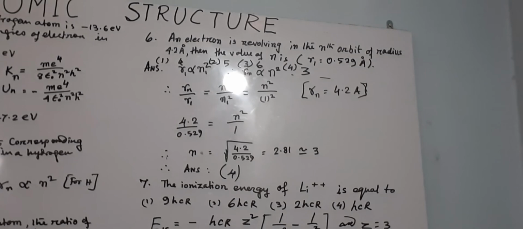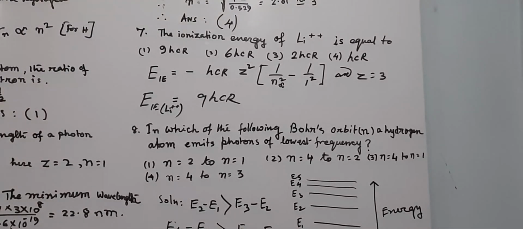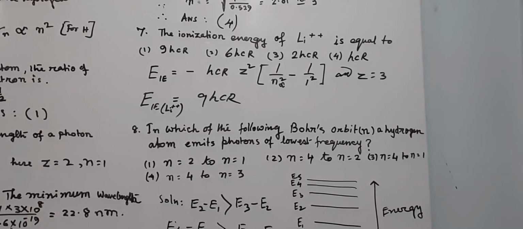Number 7, the ionization energy of lithium plus plus is equal to 9 h c R, 6 hcR, 2 hcR, hcR. We have to solve it.